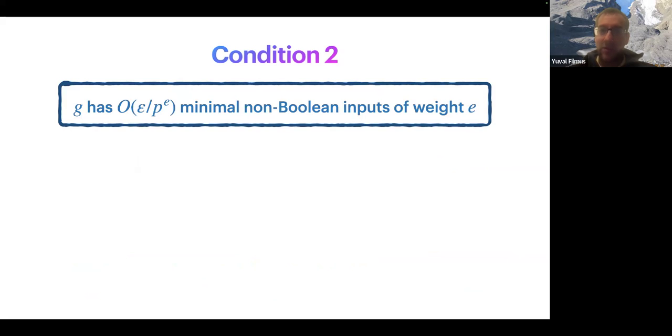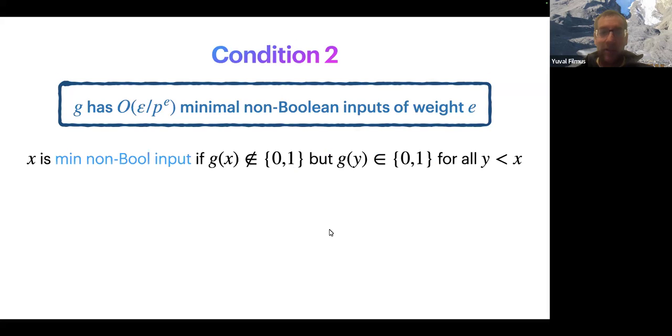G has few minimal non-Boolean inputs of weight e. Now I can explain what this means. X is a minimal non-Boolean input if, when you plug X into G, you don't get something Boolean, but if you take anything smaller, so if you change ones to zeros, then you always get something Boolean.